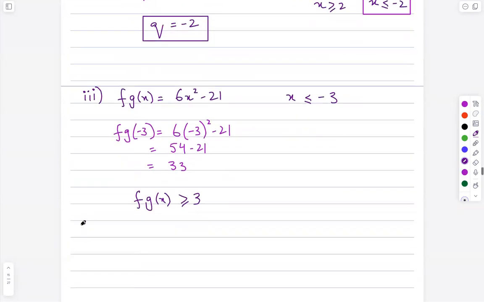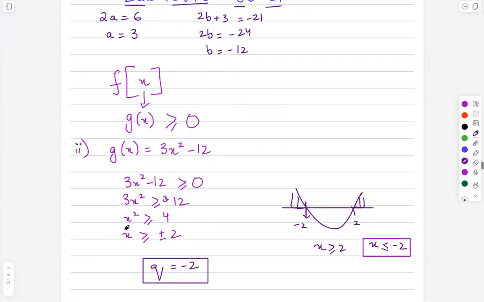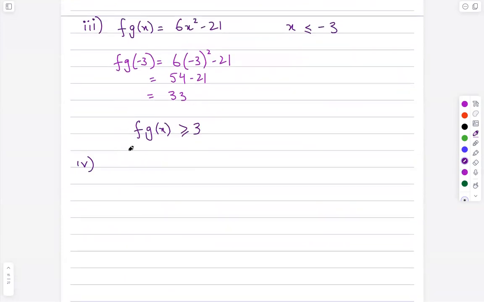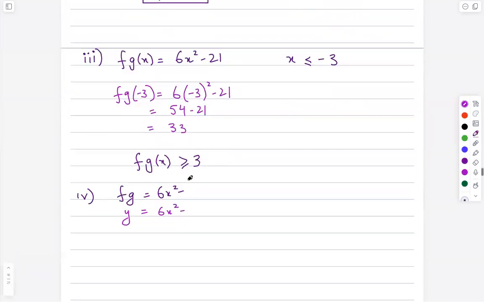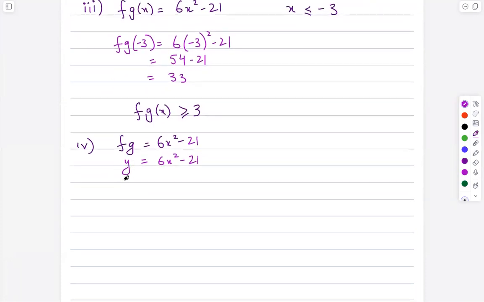In part 4, we have to find an expression for fg inverse and state the domain of fg inverse. Now the fg function is 6x squared minus 21. To find the inverse, we can first write y is equal to 6x squared minus 21. Exchanging the values of x and y, this will become x is equal to 6y squared minus 21.